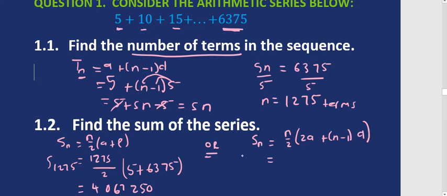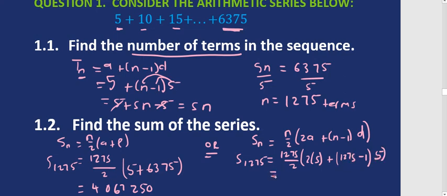And of course, the number of terms we know is 1275. 2 times the first term, which is 5. And n, of course, again is 1275 minus 1. This is d, the difference, and we have a difference of 5.